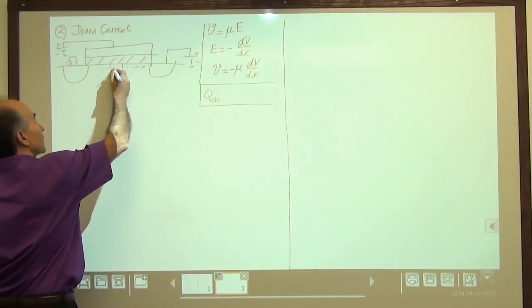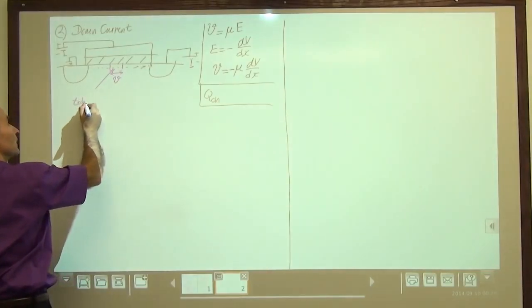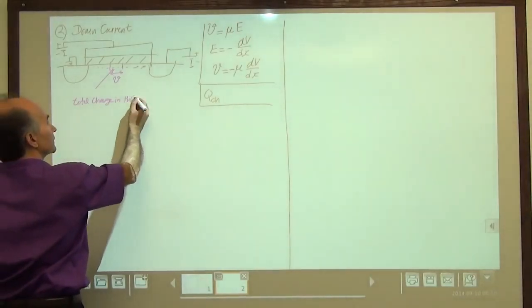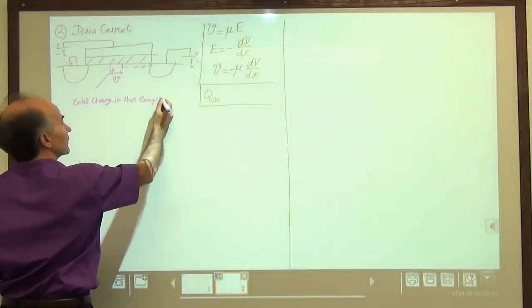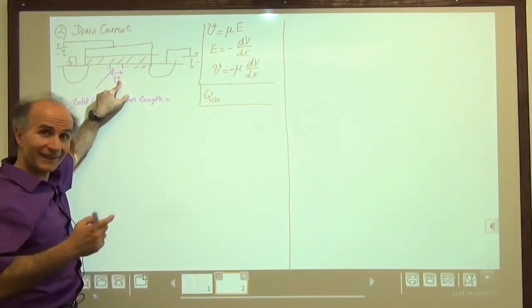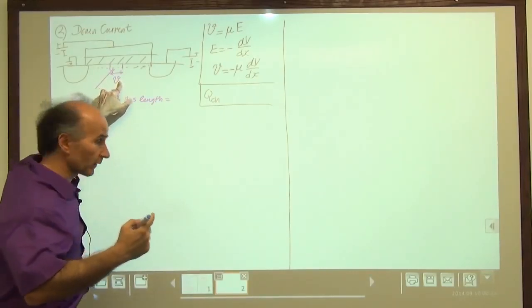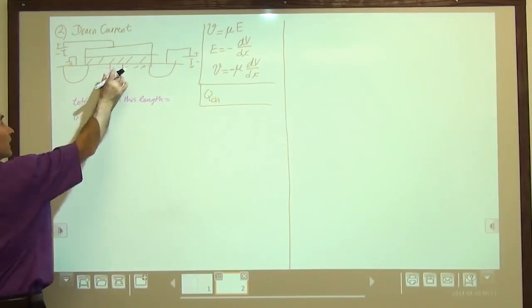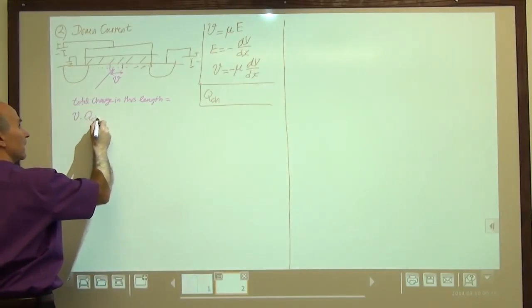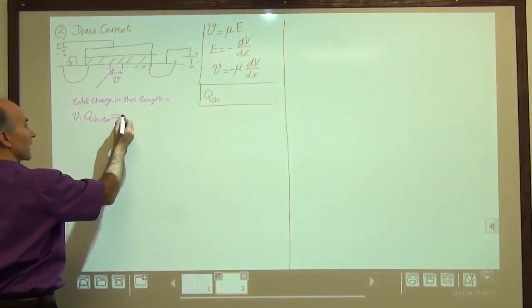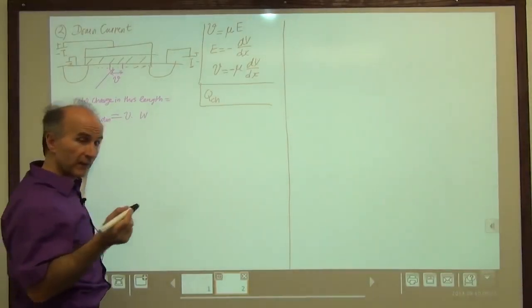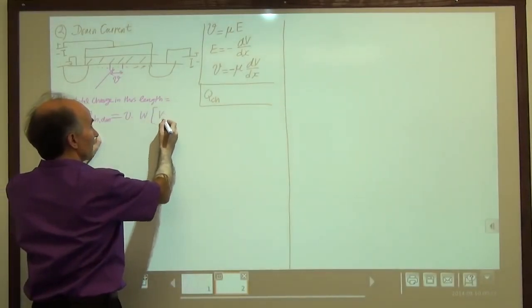So the total charge in this length is equal to the length, which is v meters, times the density, the amount of charge per unit length. Do you remember the equation for that? So Q_CH dense. That's v times W, we dropped L because we found density, times Cox.